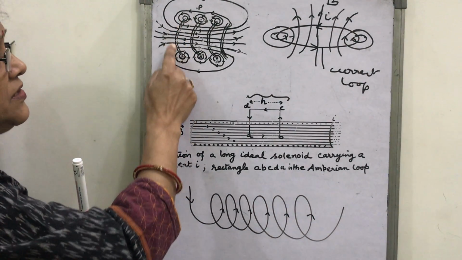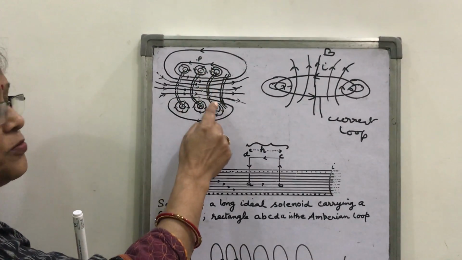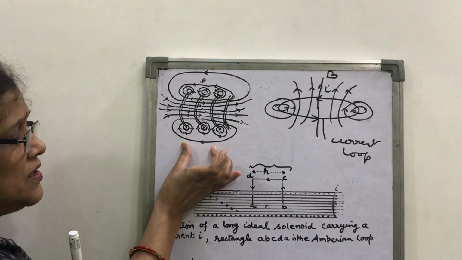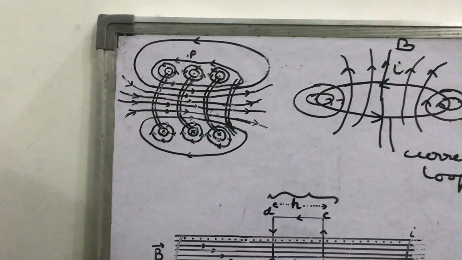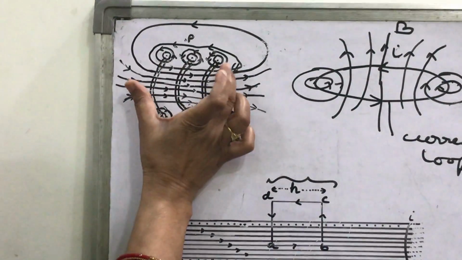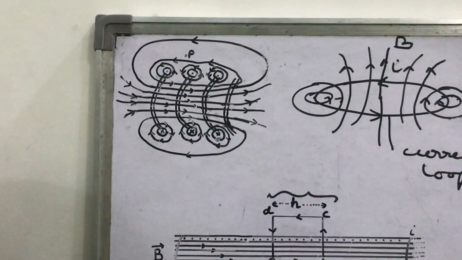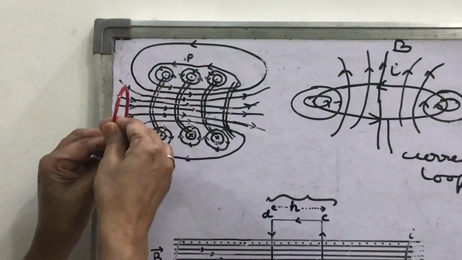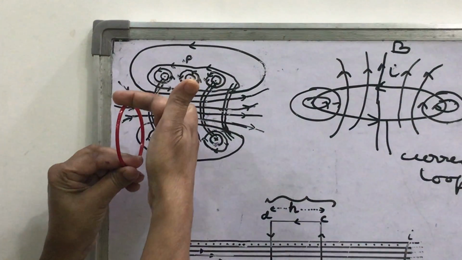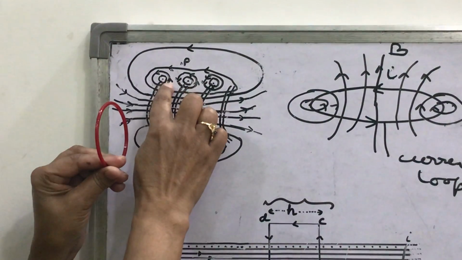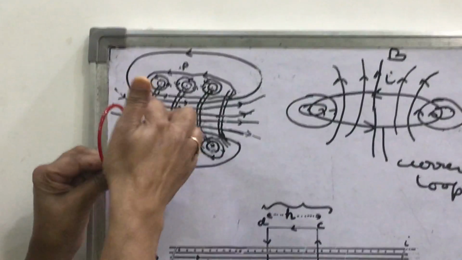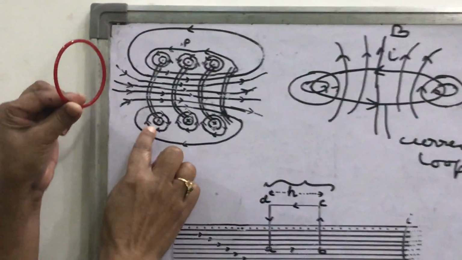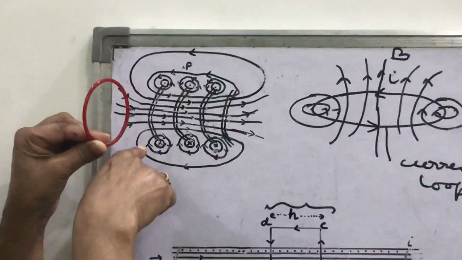Look, these are the circular loops. I have shown the spaced-out ones, otherwise the windings are closely packed. In a single loop, the current comes out at the topmost point, where the dots are made, and leaves the loop, and at the bottom the current enters.